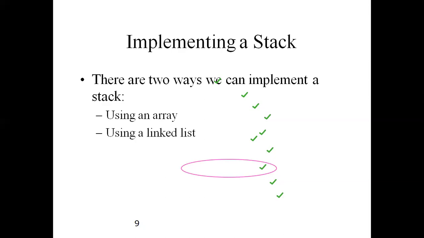All these come under implementation. So here we are implementing the stack using array and linked list. This concept is very important, that is why I'm emphasizing this terminology. Implementing a stack using array and linked list. This is the heading.